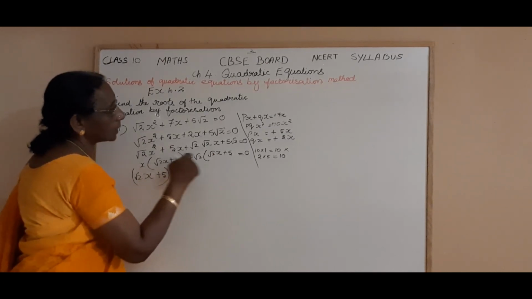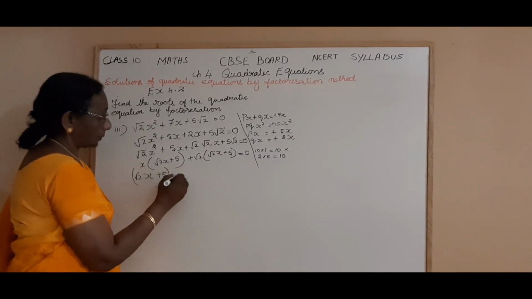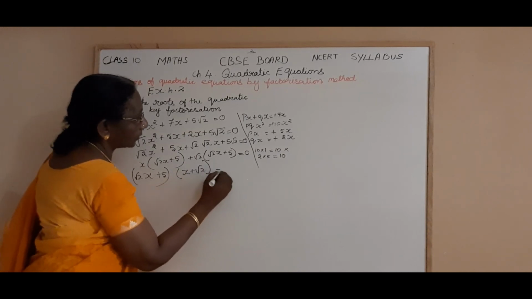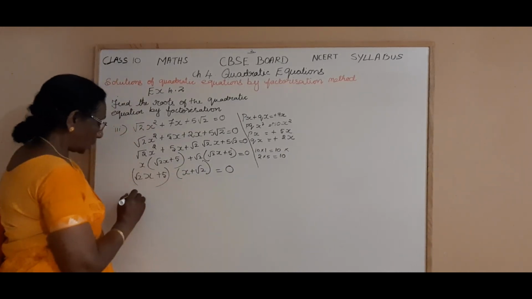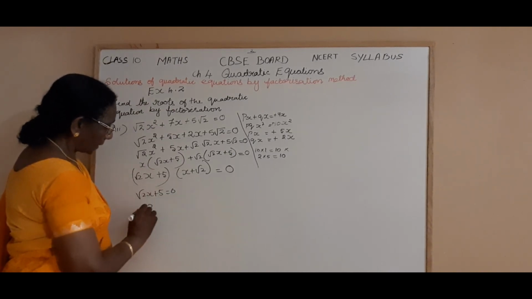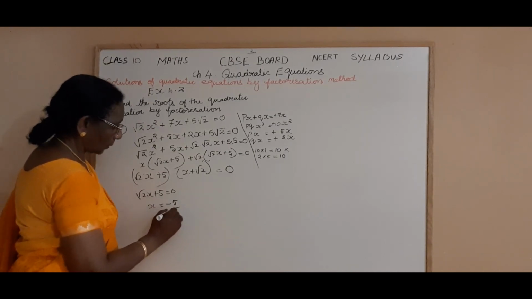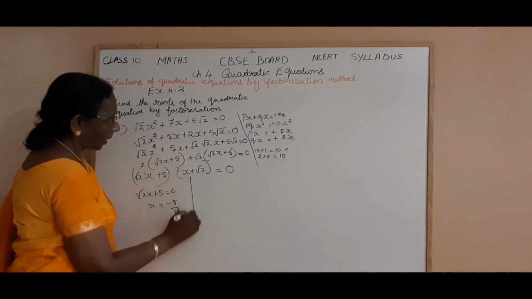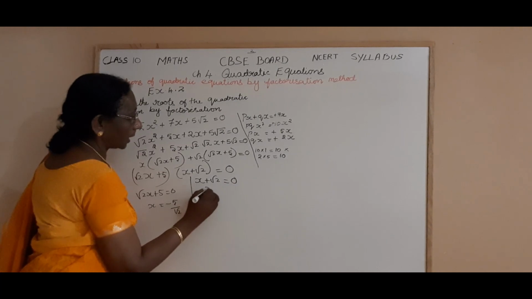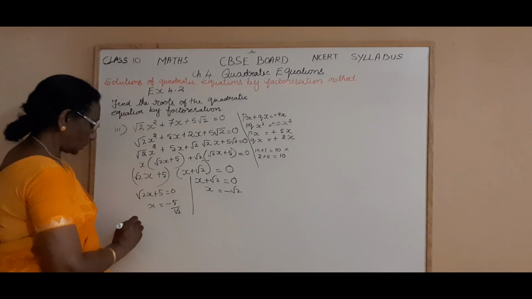Check whether you are getting the same thing. Okay, root 2x plus 5 into x plus root 2 is equal to 0. So, if root 2x plus 5 is 0, x is equal to, bring this, minus 5 by root 2. If x plus root 2 is 0, then x is equal to minus root 2. So, what are the roots?